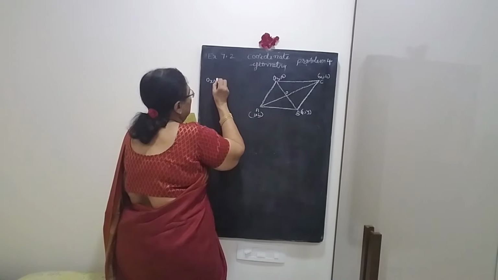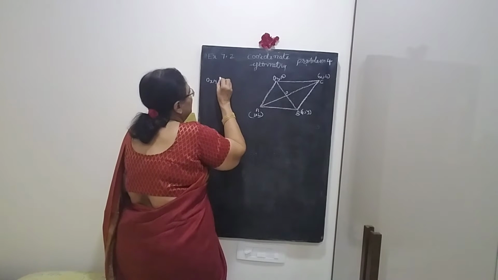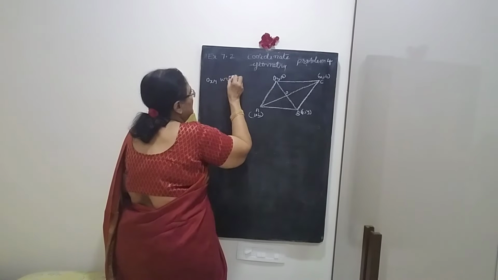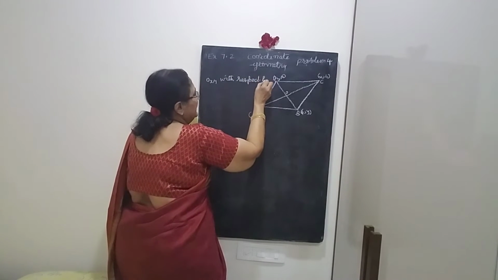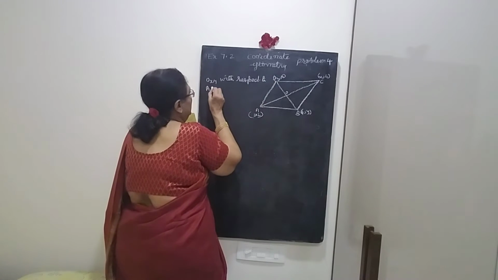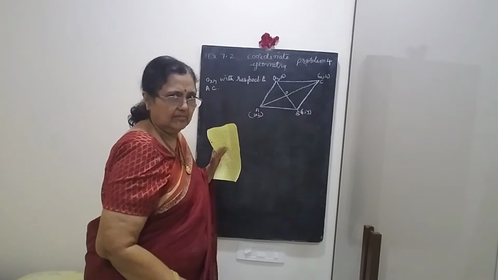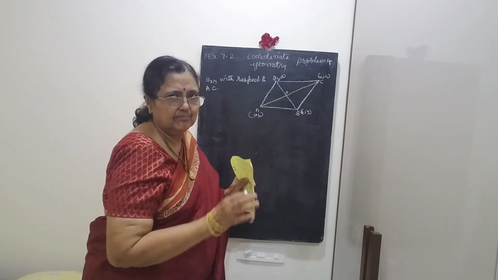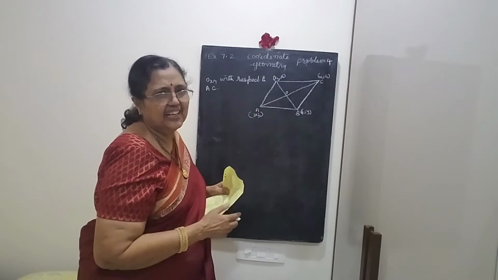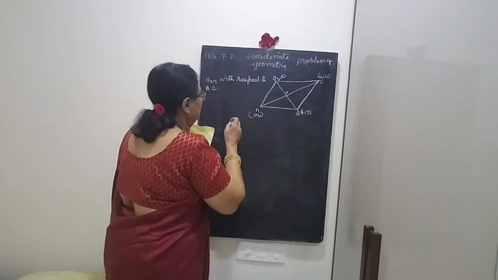You will find O(x, y) with respect to AC. So the midpoint of AC you are finding, that is O, and the midpoint of BD you will find out. Both you will equate, then you will get x and y. That is the easiest method.